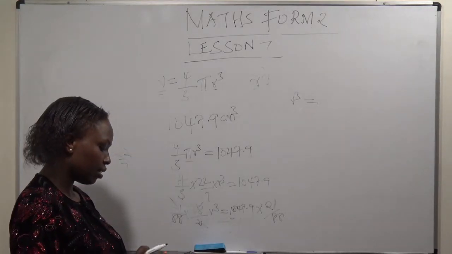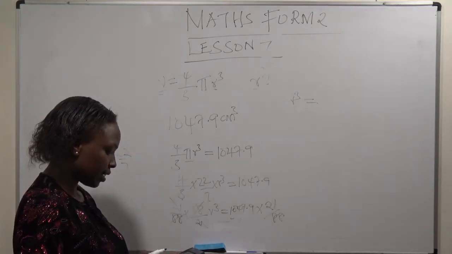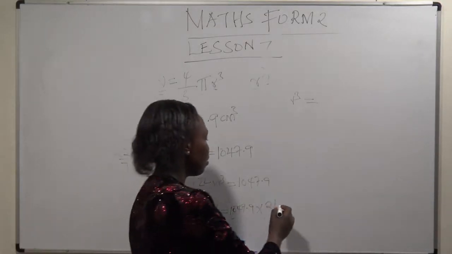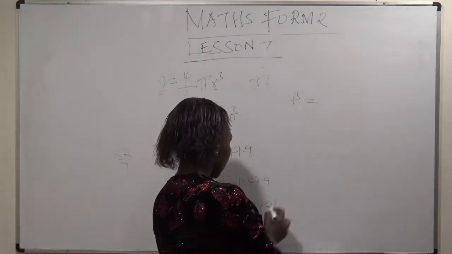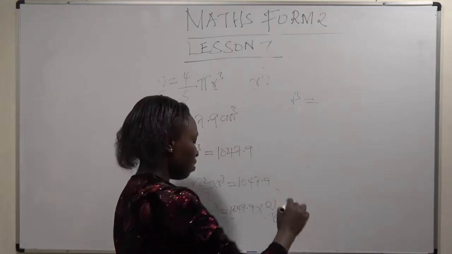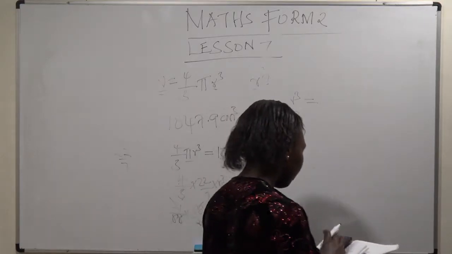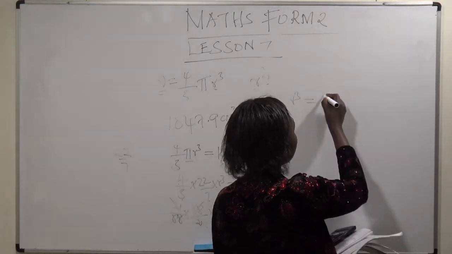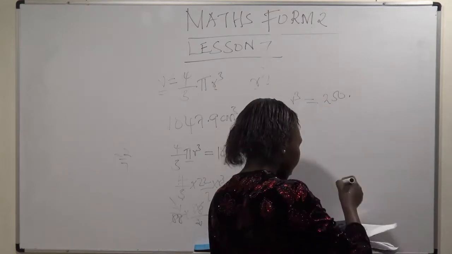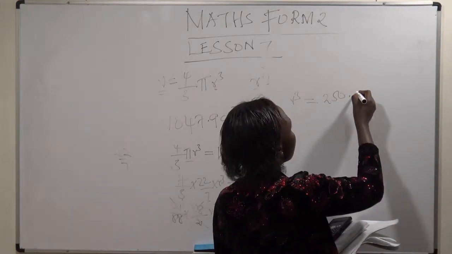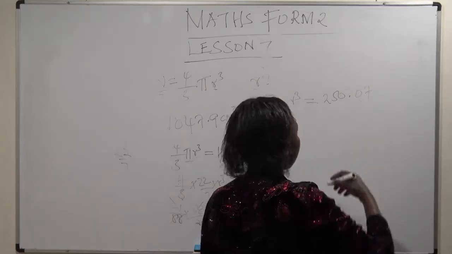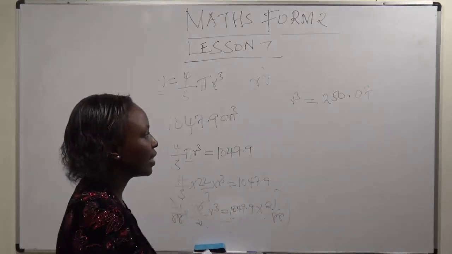Then you divide by 88, and if you multiply out that, you are going to get 250.07. Let me write it to two decimal places.